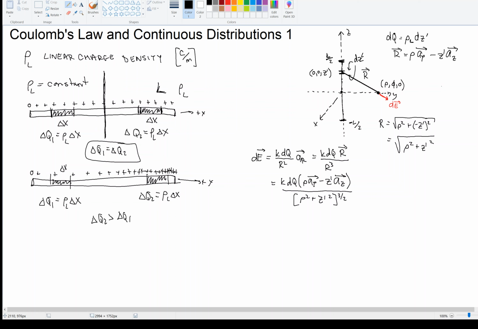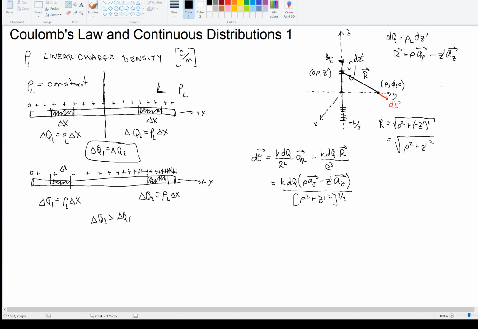Again, this is the electric field now at the field point rho, phi, 0, just due to this little fine slice of rod. All of these little fine slices, or these incremental changes, z prime, go from negative L over 2, right? We have a slice here, and a slice here, and a slice here, and a slice here, all the way up to positive L over 2.